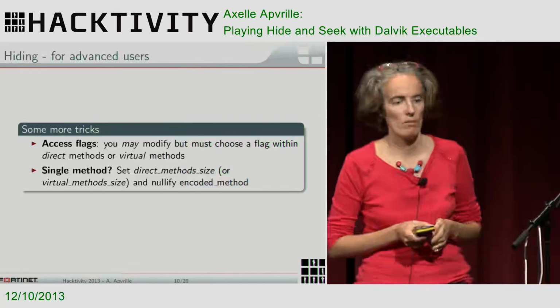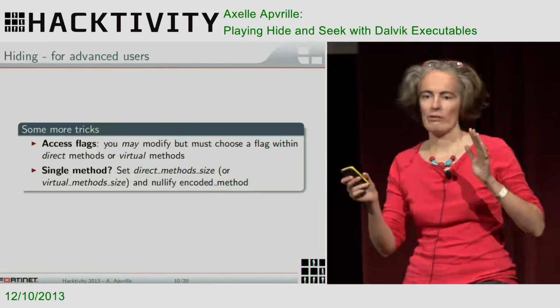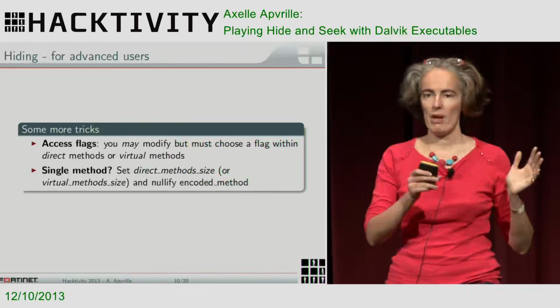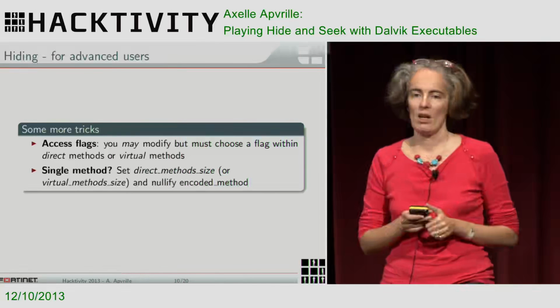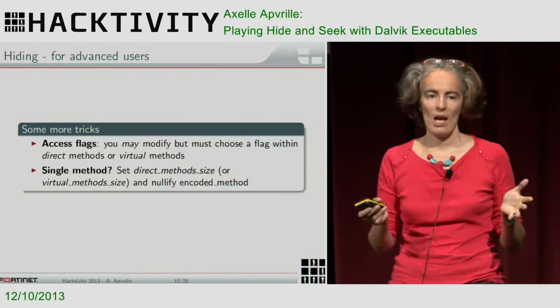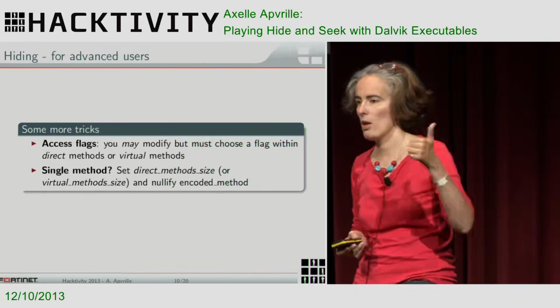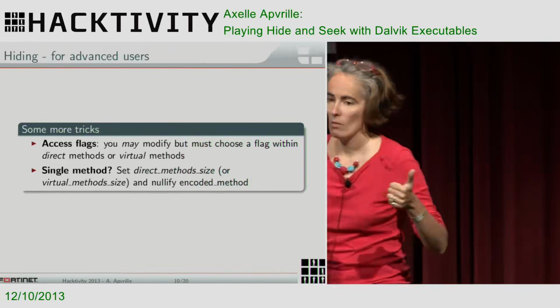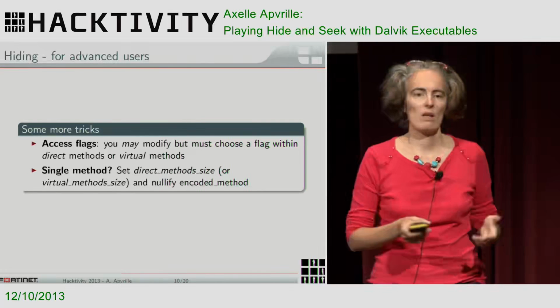That's one point. The other point is, I said we're going to reference either the first method, the method just before, or the method just after. So you might be wondering, what happens if I've only got one method? How am I going to change it? Well, it's possible, actually. In that case, it's kind of a specific case.